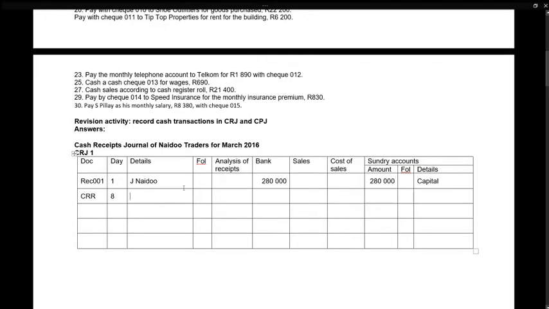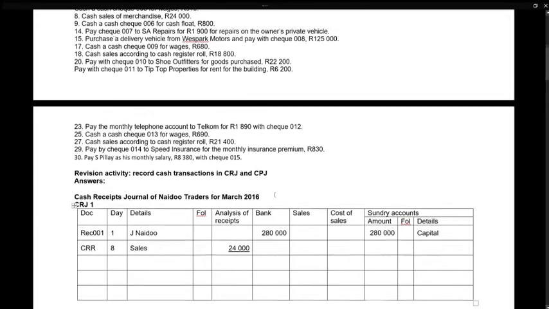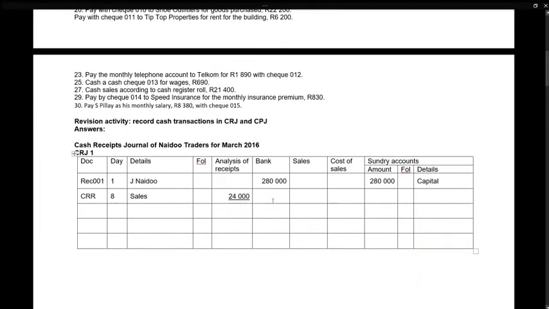They did not tell us who we received money from, therefore just sales. There's a reason that we received money. Remember, the amount that we received was 24,000 Rand. Okay, 24,000 Rand will reflect in my bank account at the end of the day, reason being we had sales.